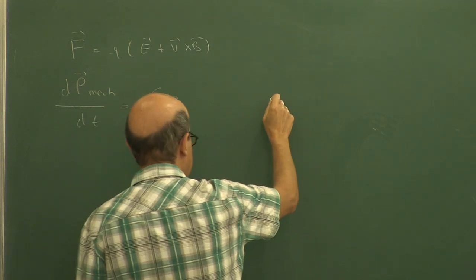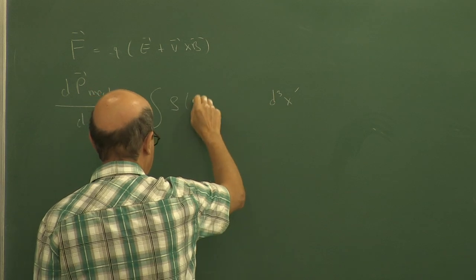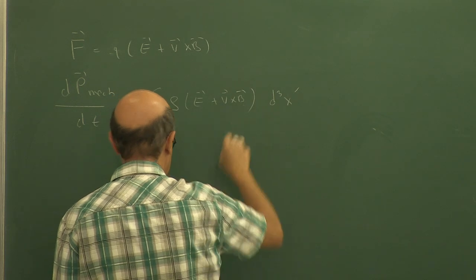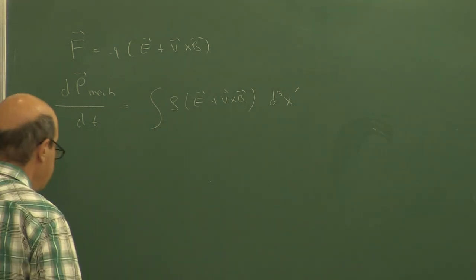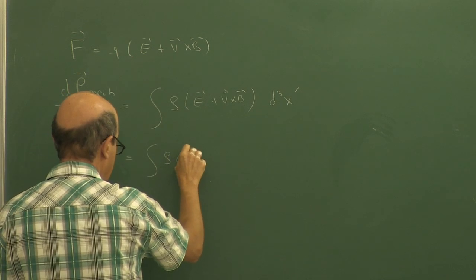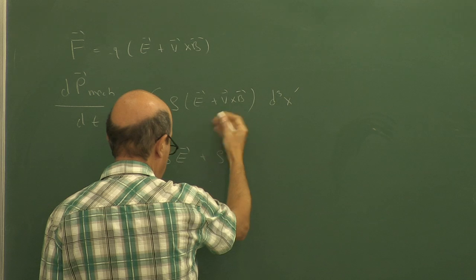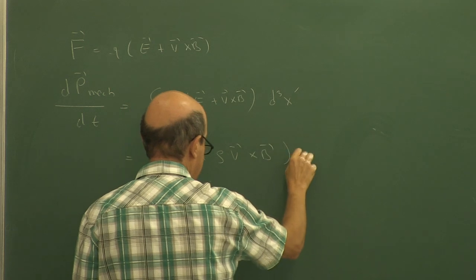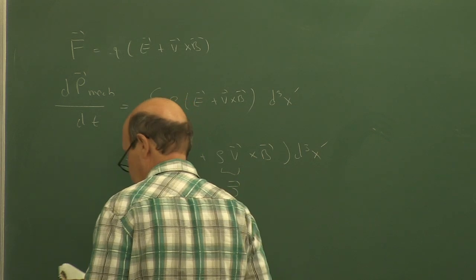Therefore, you should write the volume element here, and E plus V cross B. If you distribute the charge density, you will get rho E plus rho V cross B, d cube x prime, and this is equal to the current density.